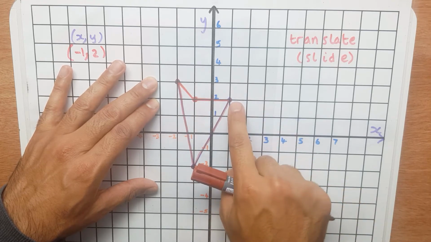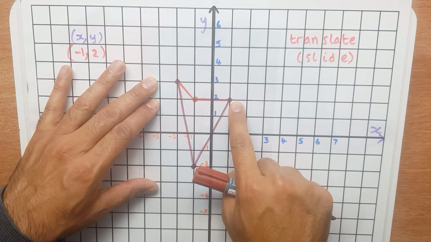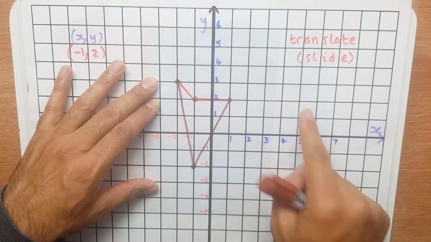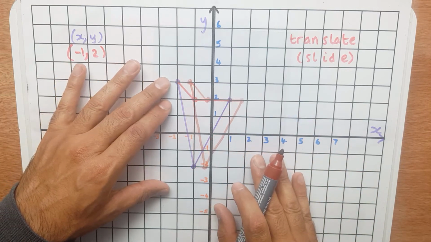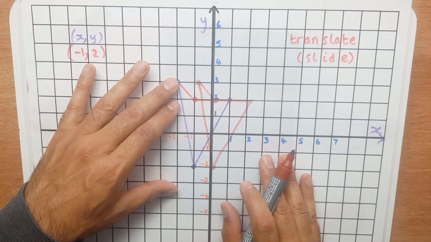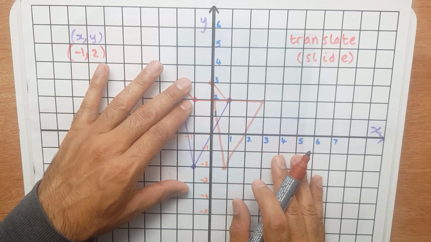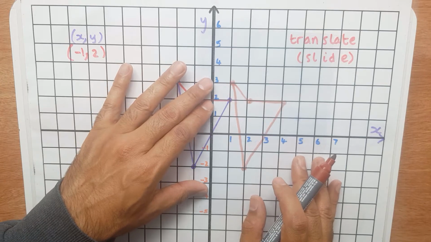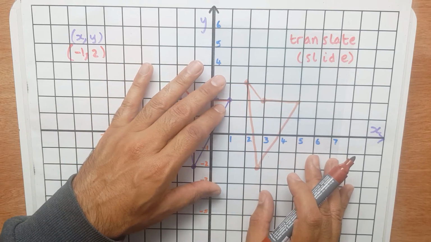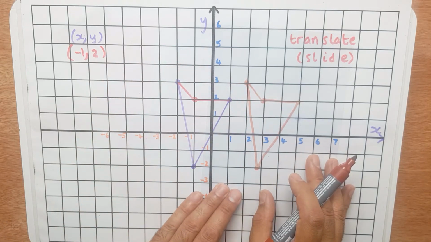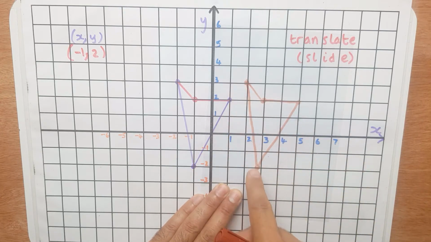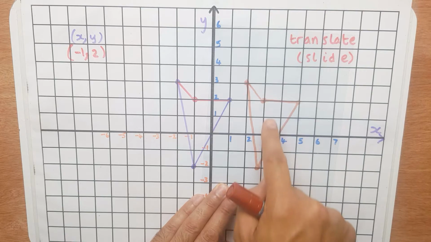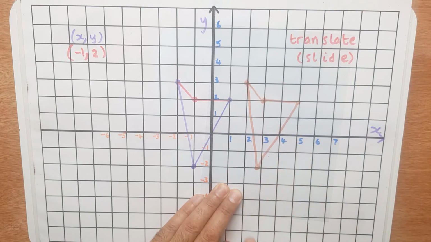I now need to move this point 4 squares to the right. So I'm going to move 1, 2, 3, 4. So that's where my shape will end up. And the rest of the points or the vertices or the corners end up there. Now that's one way of doing it if you have tracing paper.